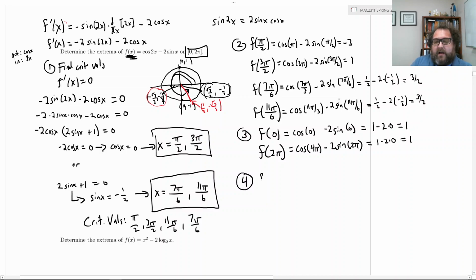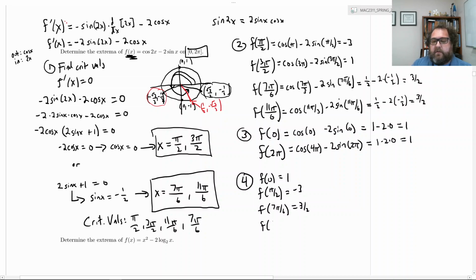I'll go in order. F of 0 is 1. We have f of pi over 2, which is negative 3. What goes next? That would be 7 pi over 6, I think. Yeah, 7 pi over 6 was 3/2, 1.5.